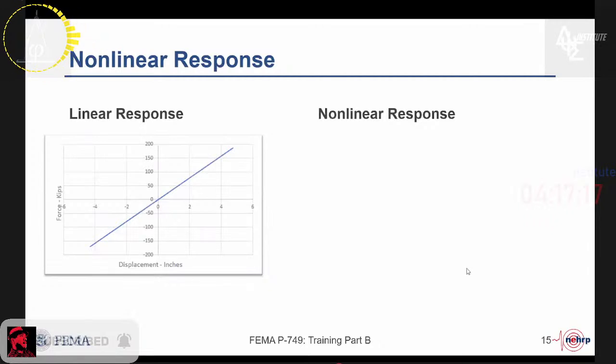Everything I've been talking about so far relates to the earthquake response of a structure that's capable of responding in a linear, elastic manner.